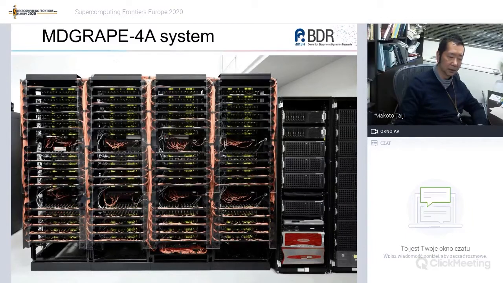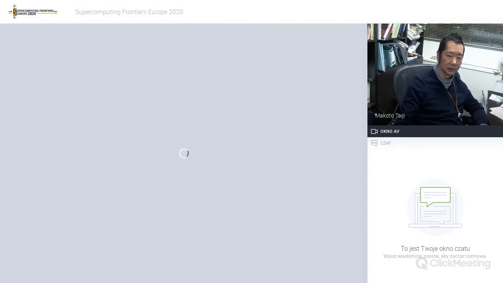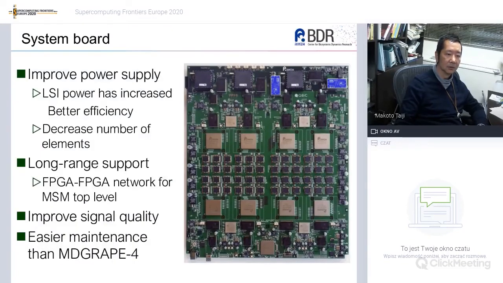There is also an FPGA unit here to calculate fast Fourier transforms, convolution based on FFT. For this, we have developed this very large board. Here are the SoCs, this is the optical socket for the optical unit, and then some power supplies.